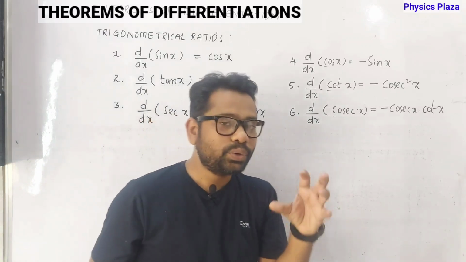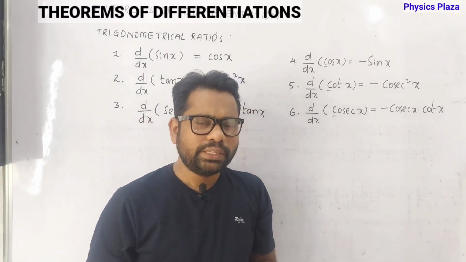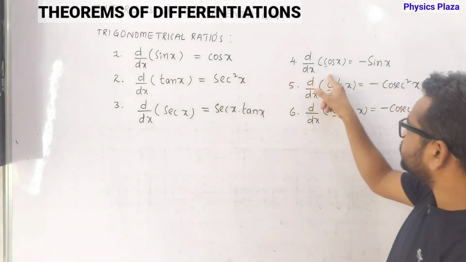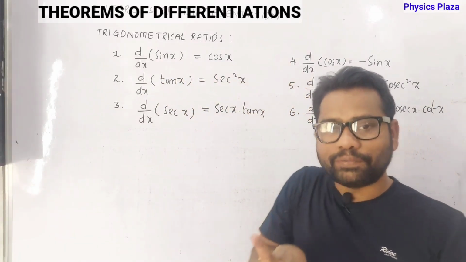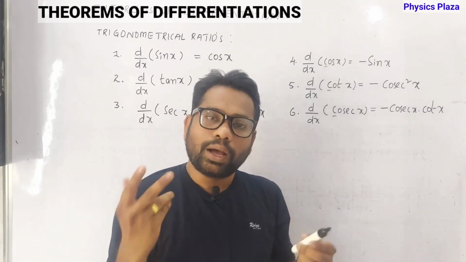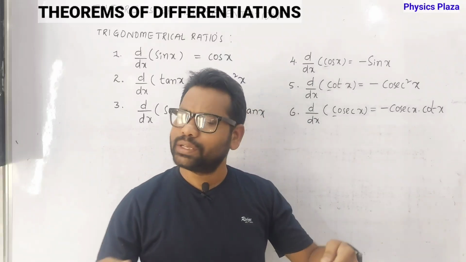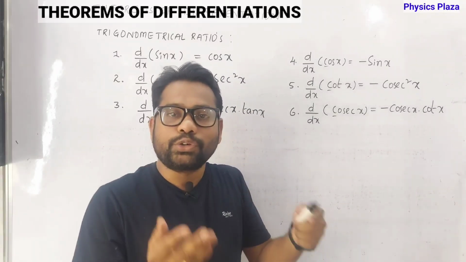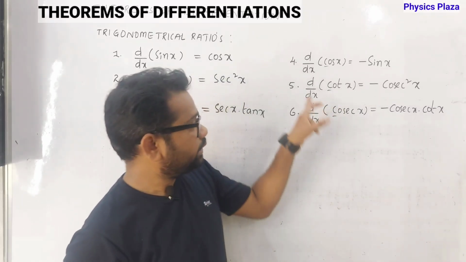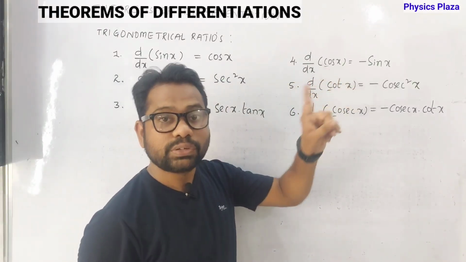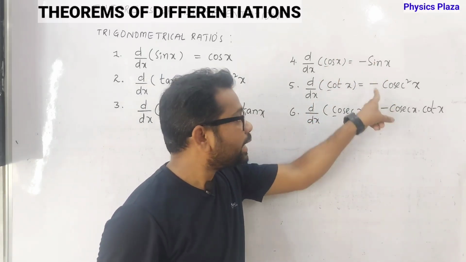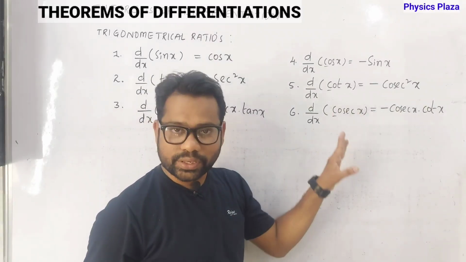Sometimes students get confused whether d by dx of sin x is minus cos x or d by dx of cos x is minus sin x. For that, children, if you think it is useful, you can remember this, or if you have any better way, go ahead. It is not compulsory that you follow whatever I am telling you. This is how I feel comfortable. So the differential quotient of trigonometric ratios which start with the letter C will have a negative sign in the result. Okay children, fine.